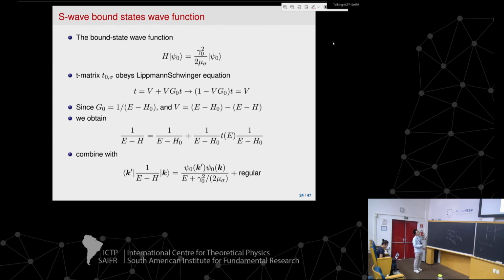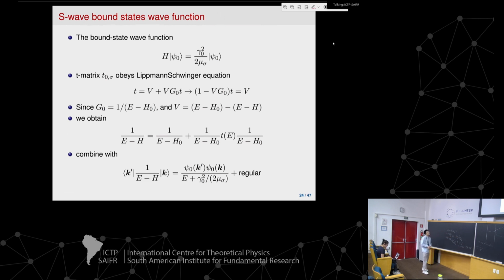So now the T matrix is written as this thing times T equals V, right? So then we can use the following relation that V can be written as E minus H0 minus E minus H. Okay, so then you can just do some multiplications on the left and on the right.